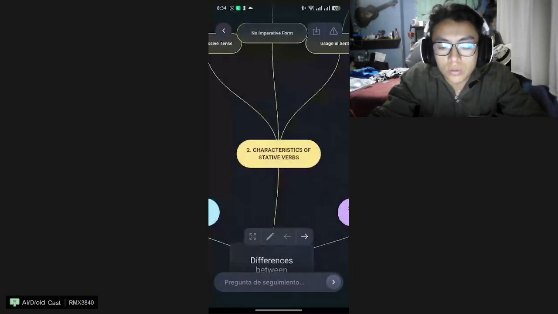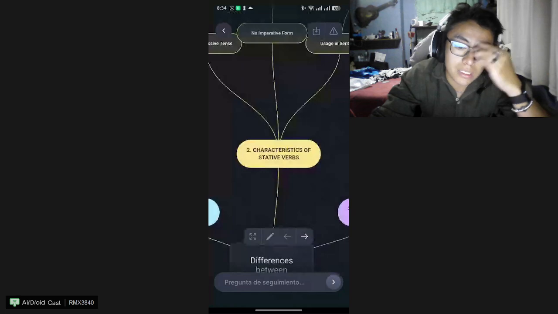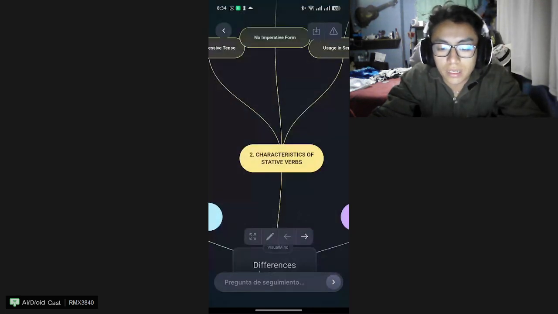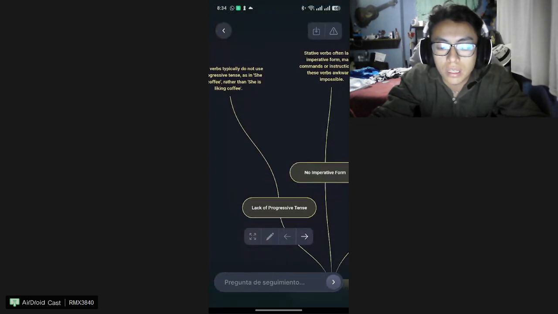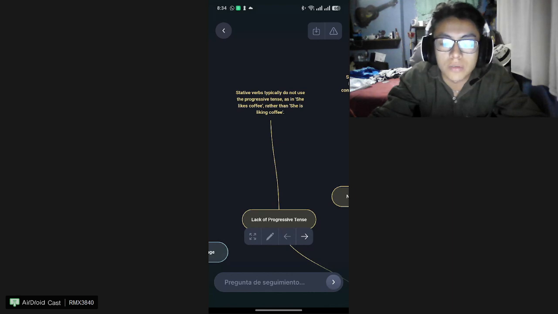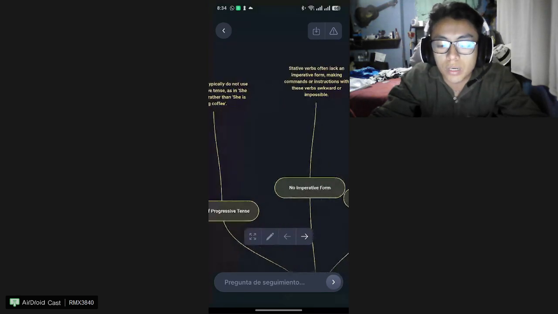Part two: characteristics of stative verbs. Lack of progressive tense. Stative verbs typically do not use the progressive tense, as in, she likes coffee, rather than, she is liking coffee. No imperative form.